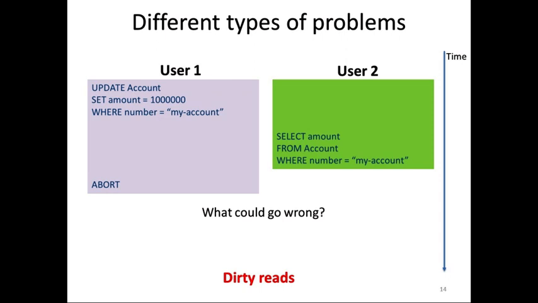And this is also a read-write conflict, just as the previous one. So here we have one transaction reading a value that is not yet confirmed by another transaction still in execution. More precisely, let's say we are working with an account and the sum that is present in that account, in a banking account.